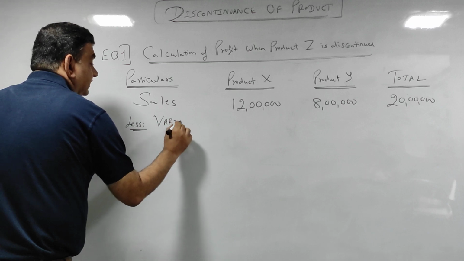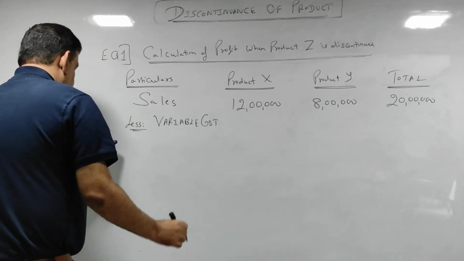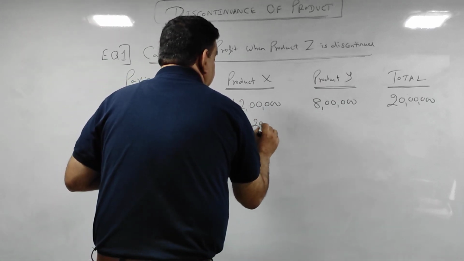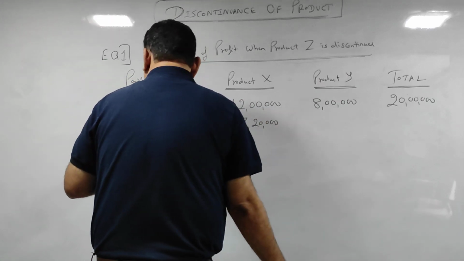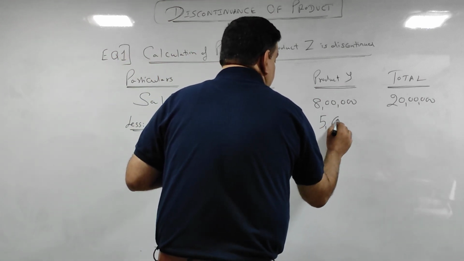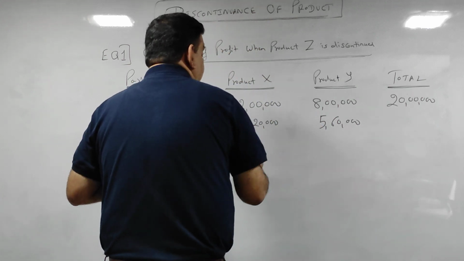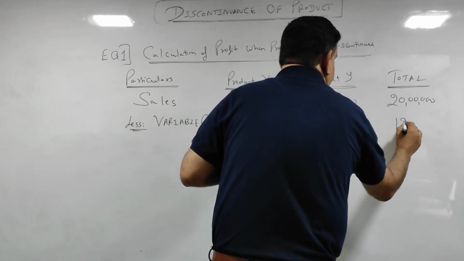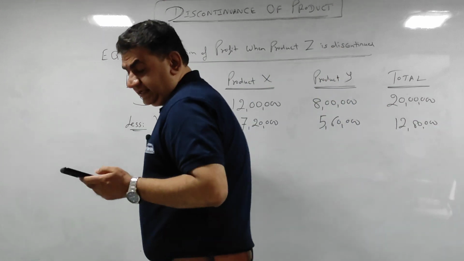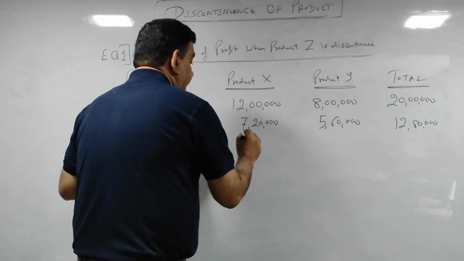From this, we will deduct the variable cost, 720 and 560. So 7 and 5, 12 lakh 80,000. Okay, 12 lakh 80,000.